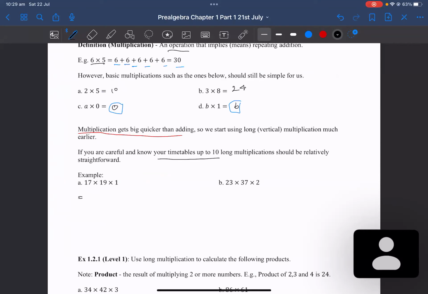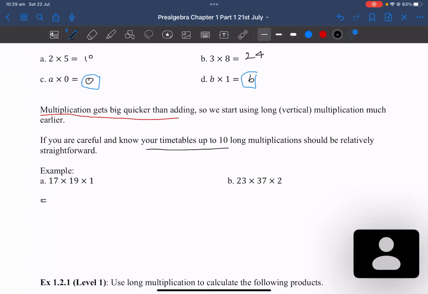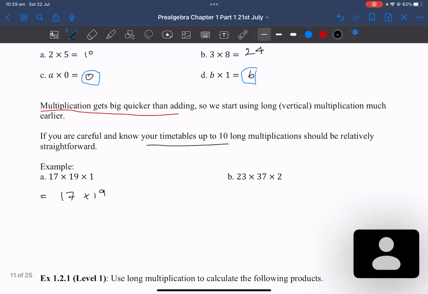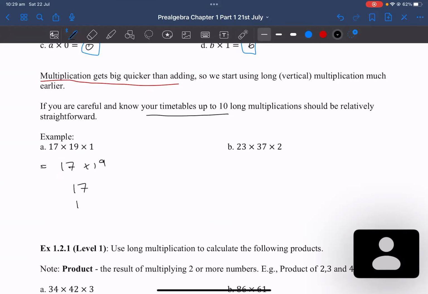Oh, okay. So it's 17 times 19 times 1. To make it simple, we'll first of all ignore the 1, since it keeps the answer the same. So we're just going to do 17 times 19, vertical multiplication. To do this, 9 times 7 is 63. 1 times 9 is 9, plus 6 equals 15.